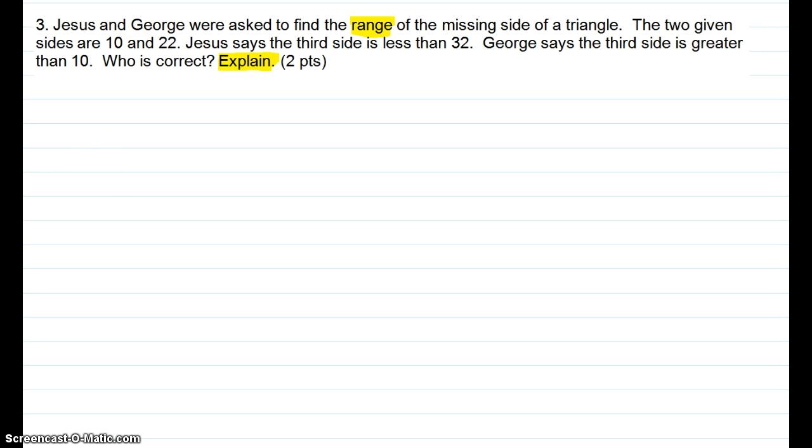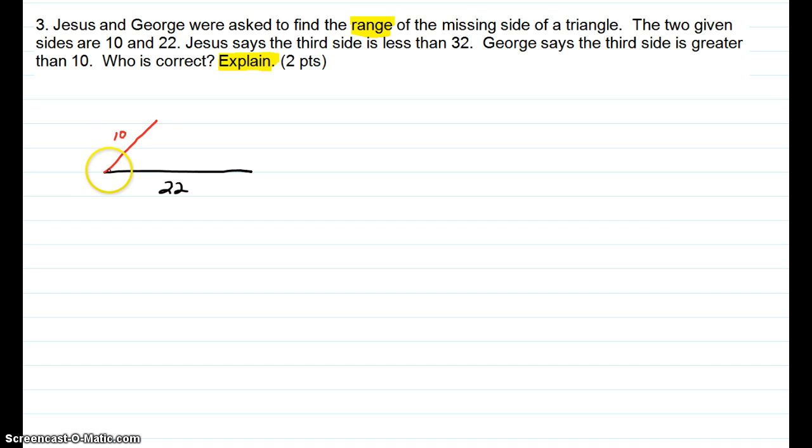So if we go back and think about this for a minute, we have two sides of a triangle. Let's say we have 22 here, and we have this one here, which is 10. And so what we're trying to figure out is, what could this third side be?